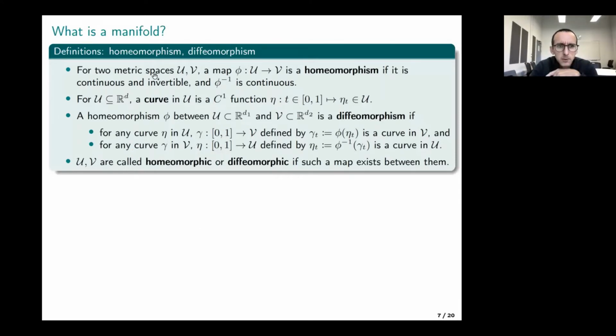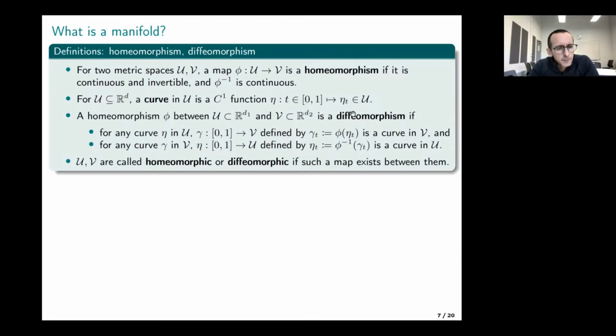So first of all, let's just talk about homeomorphisms and diffeomorphisms. For the purposes of this talk, when I talk about homeomorphisms, it will always be between two metric spaces, each associated with some notion of distance. A homeomorphism between two such spaces is a map which is continuous and invertible, and its inverse is continuous.